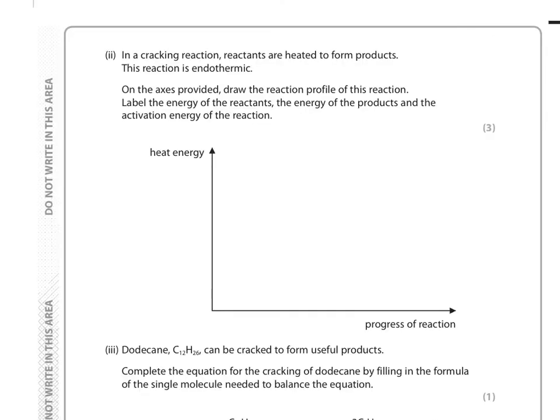Now, part 2 was quite badly answered, and I just want to go through this. It says, in a cracking reaction, the reactants are heated to form products. The reaction is endothermic. On the axis provided, draw a reaction profile of this reaction. Label the energy of the reactants, the energy of the products, and the activation energy of the reaction.